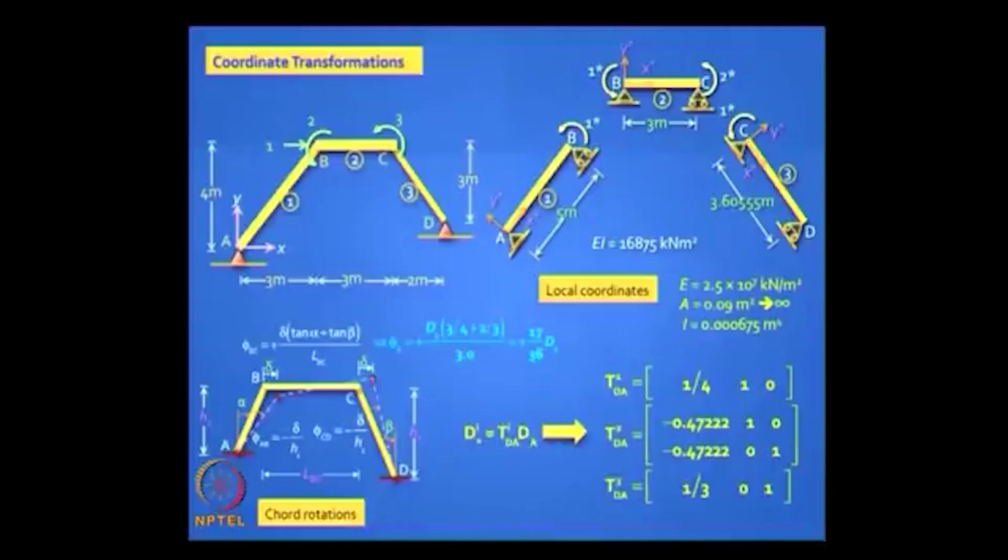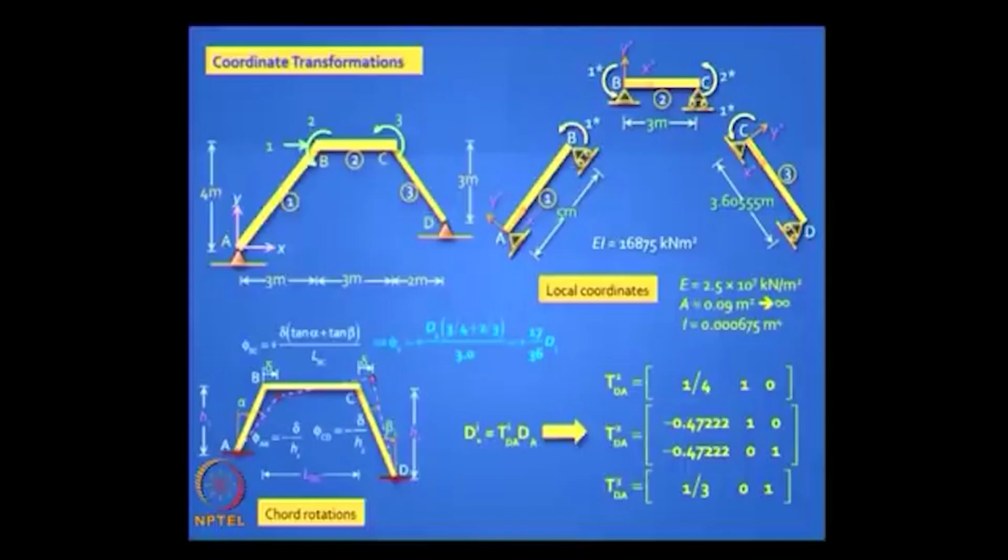The same is true for element 3, so you get 1 by 3 because the height is 3 meters. As far as element 2 is concerned, we just worked it out, phi 2, it is 27 by 36.